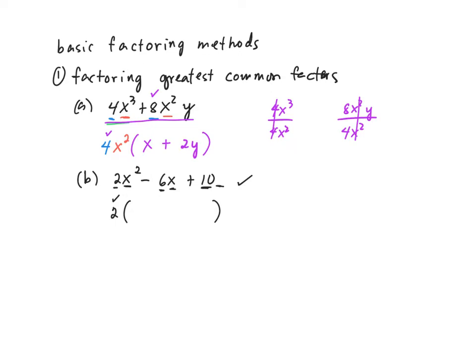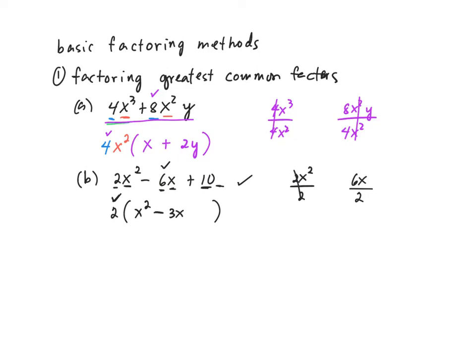Okay, let's go ahead and divide the first term 2x squared by the greatest common factor 2. So the answer will just be x squared. The next term is 6x divided by 2, which is just 3x. And because we are dividing a negative number by a positive number, the answer is negative, so that's why we are going to put a minus sign in between these 2.